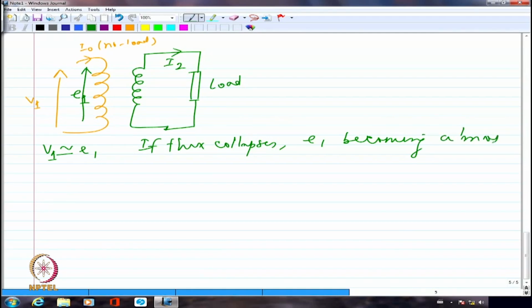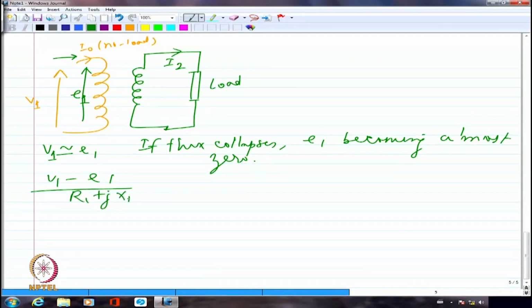If E1 becomes almost 0, the current that will be gushing into the primary winding, which will be V1 minus E1 divided by whatever is the impedance of the primary winding, will become really, really large. Obviously, if E1 is diminishing, the voltage difference between V1 and E1 will draw a huge current, equal to V1 minus E1 divided by R1 plus jX1.